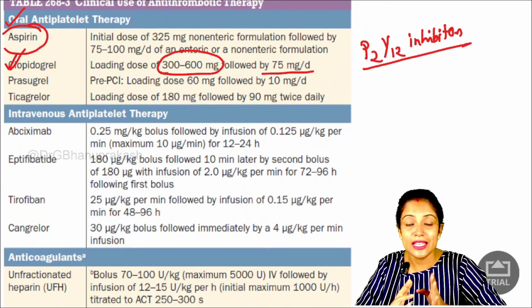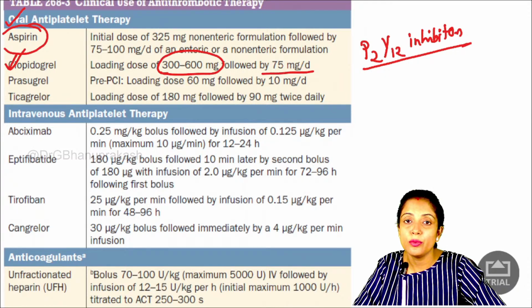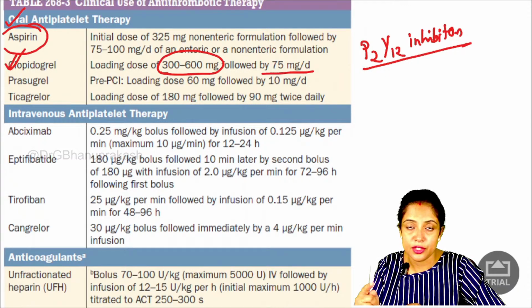So in acute coronary cases, we usually prefer to give dual antiplatelet therapy, that is aspirin combined with clopidogrel, and it is advisable to continue this dual antiplatelet therapy for at least 12 months, which can be followed by indefinite use of aspirin.